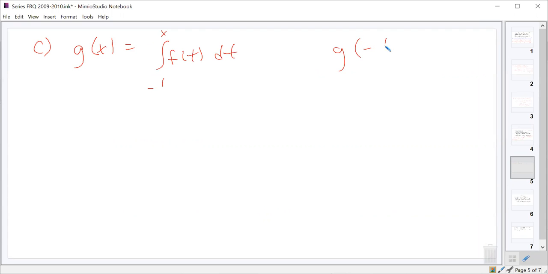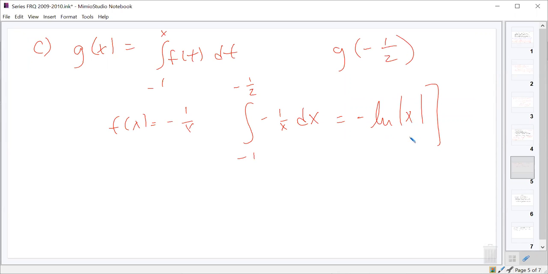In order to do that, we were given the function, right? So our function was f of x is negative 1 over x. So this is just the integral from negative 1 to negative 1/2 of negative 1 over x dx, which is negative natural log of x, evaluated from negative 1 to negative 1/2.